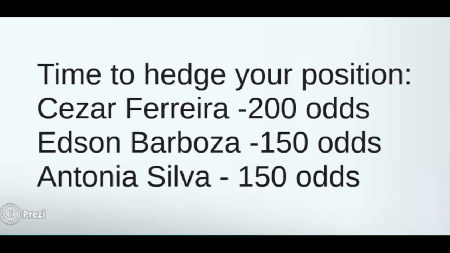And if adjustments are actually made on the favorites, then the sportsbook can go out into the market, offer great odds, and probably cover themselves so they wouldn't be left with a $1 million hole like this particular sportsbook was when Antonio Silva was beaten in the last match.